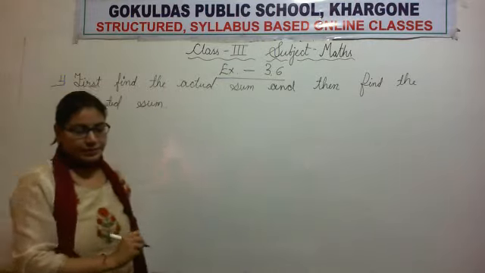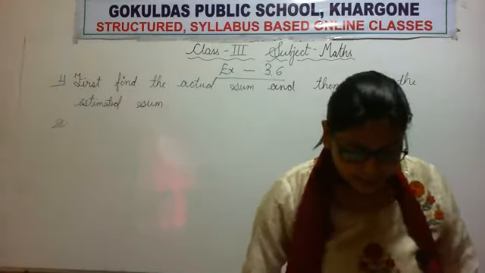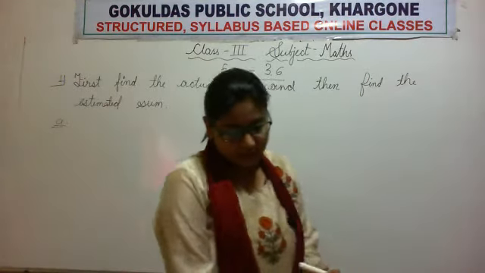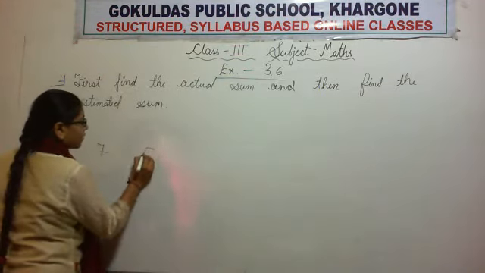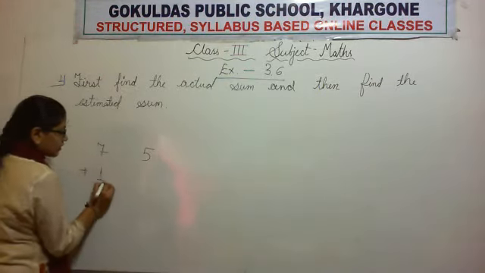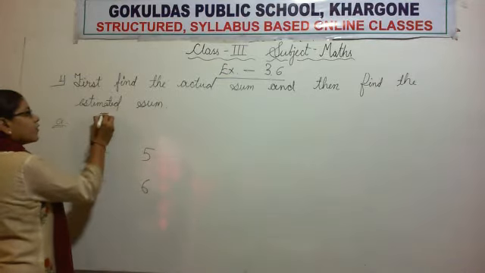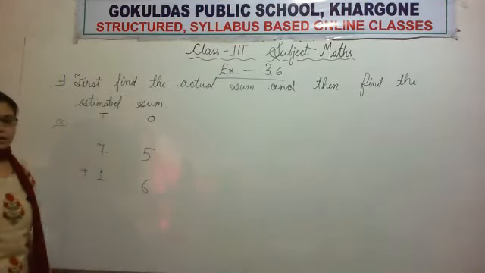Part A. Part A is 75 plus 16. Again, first of all, we will write tens and ones.